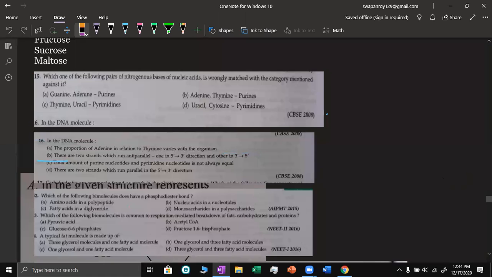Okay. Come to this question. This one, which of the following pair of nitrogenous base of nucleic acid is wrongly matched with the category mentioned against it?